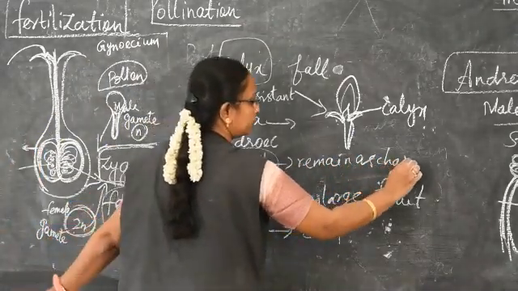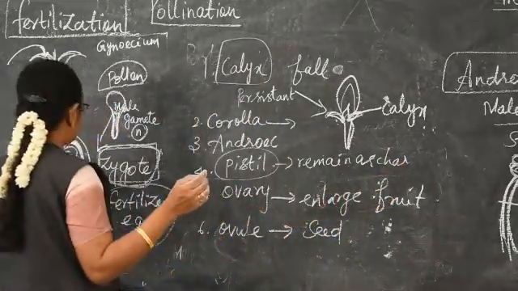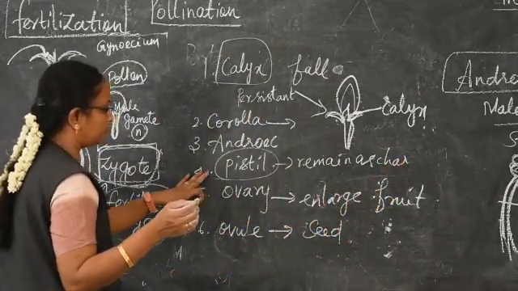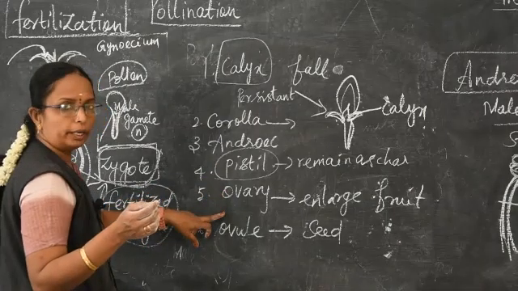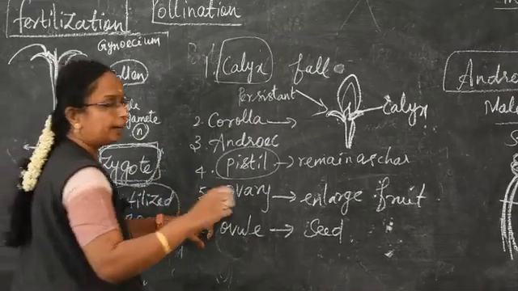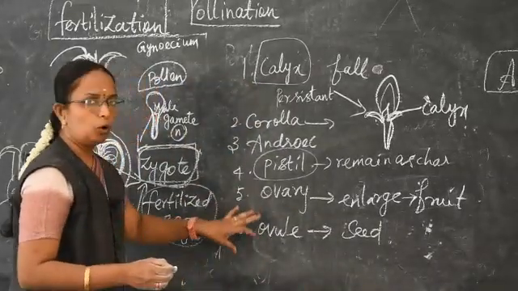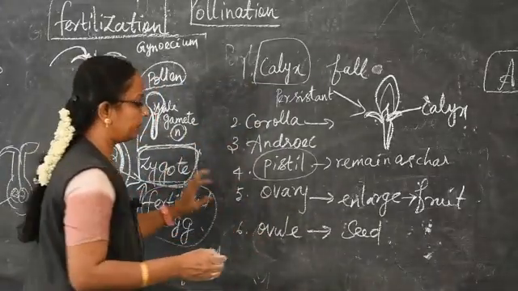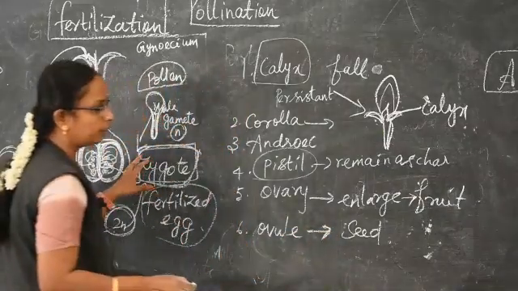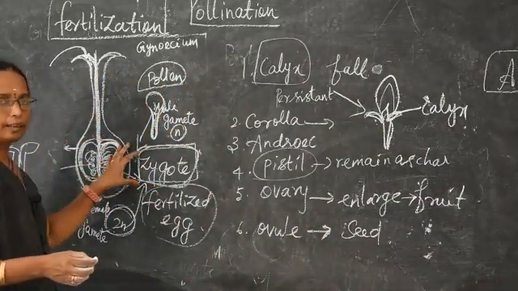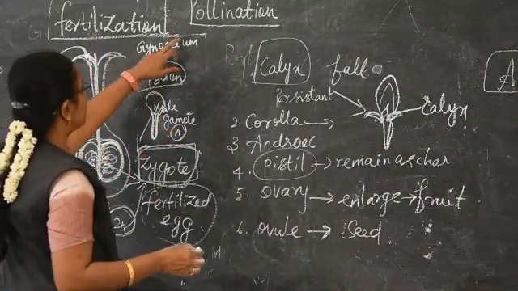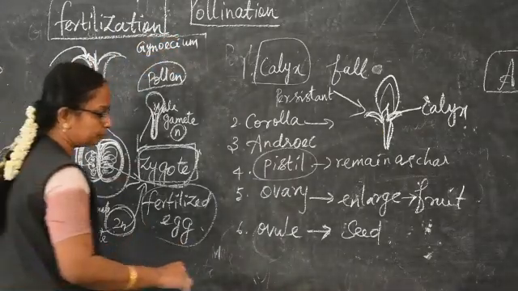For the fertilization process, the pistil alone remains. Inside the pistil, the ovary enlarges in size, and it will develop into fruit, and then the ovule which is found inside the ovary develops into seed. So these are the changes that take place in the flower after pollination and fertilization.